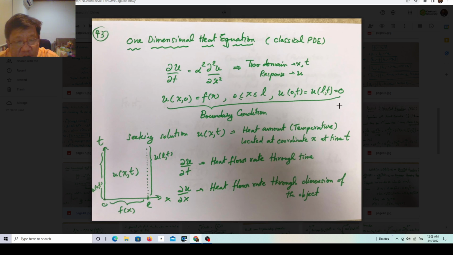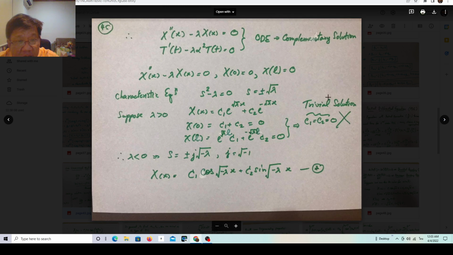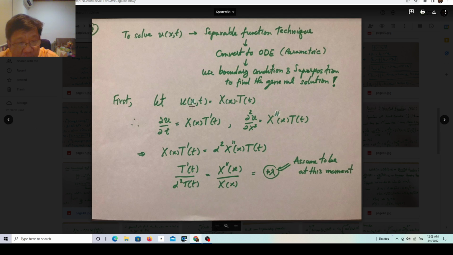If you put this and replace it to here, u(0,t) becomes X(0)T(t) equal to 0.